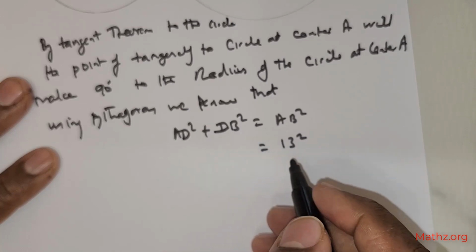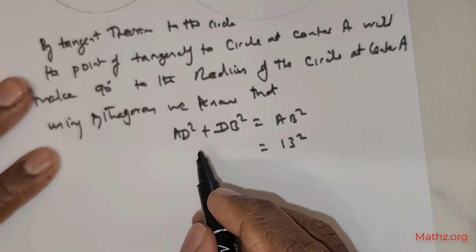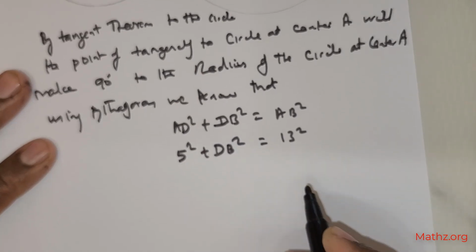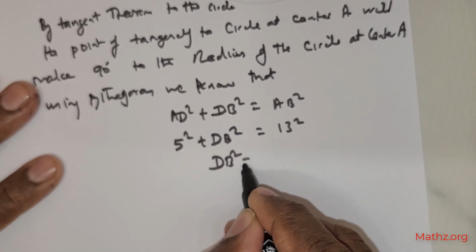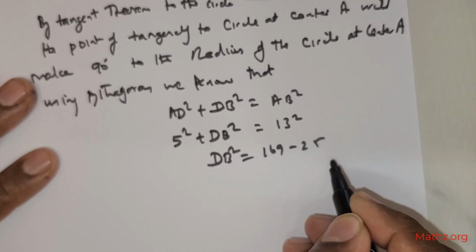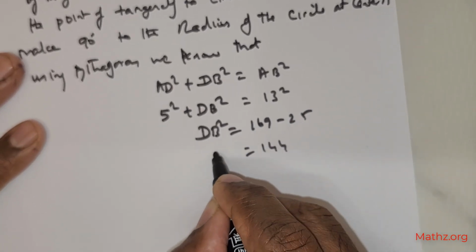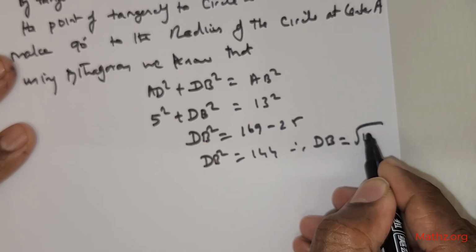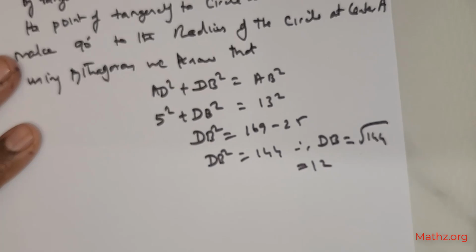Now I'm trying to get DB squared, but AD is 5, so that's going to be 5 squared. So DB squared is equal to 169 minus 25, that's 144. So therefore DB is equal to root of 144, which is equal to 12 units.